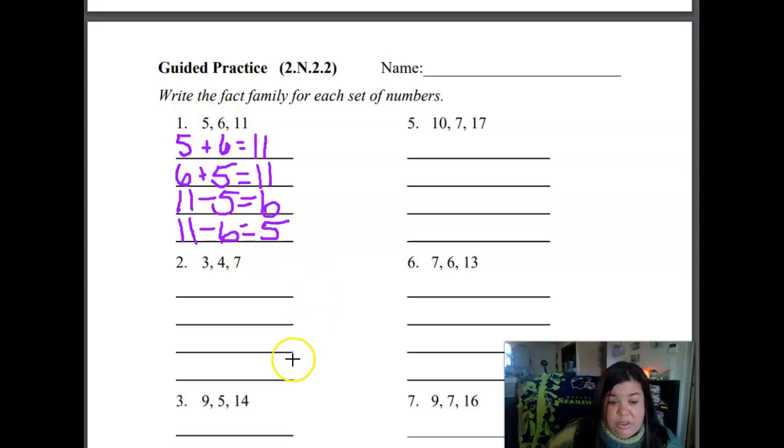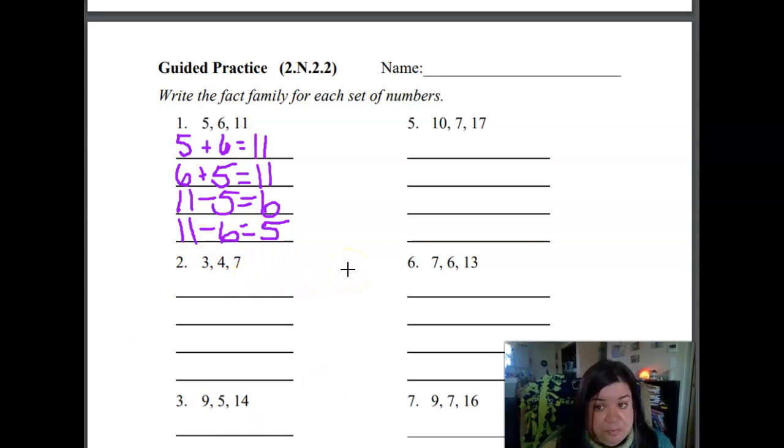Okay, so I want you to do this next one by yourself. So the numbers are 3, 4, and 7. So get your whiteboard and put these onto your whiteboard. If you have the guided practice pages, you can do them right on the guided practice pages. So figure out, we're only using these 3 numbers.